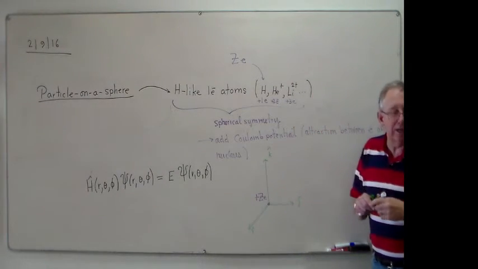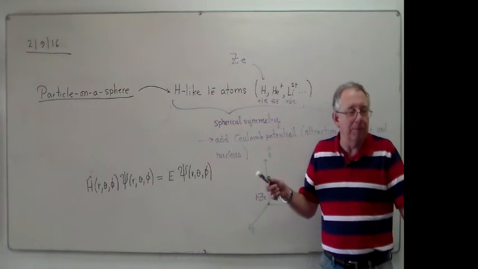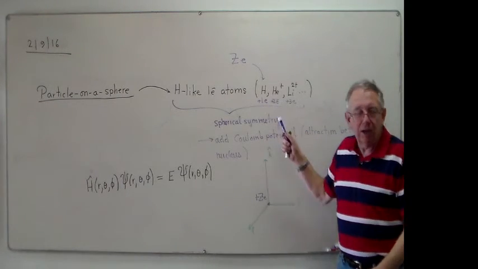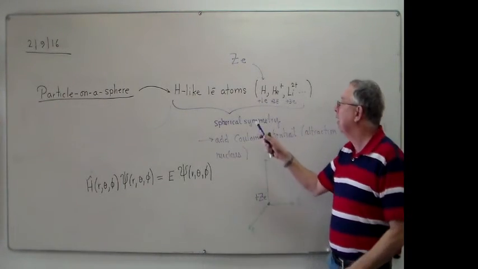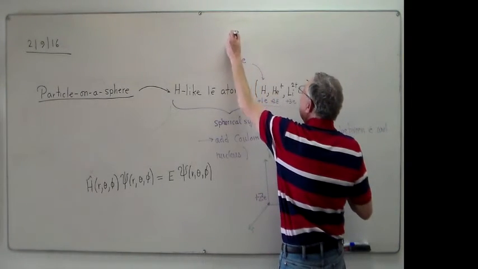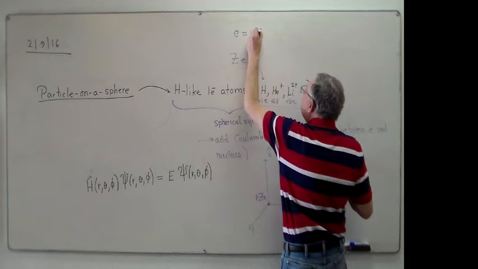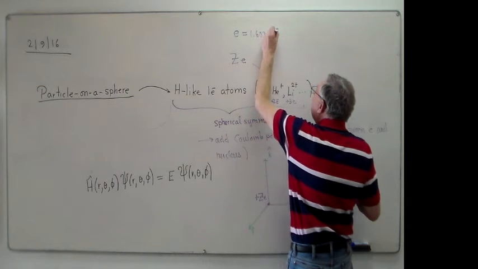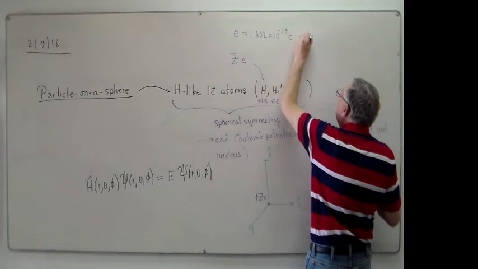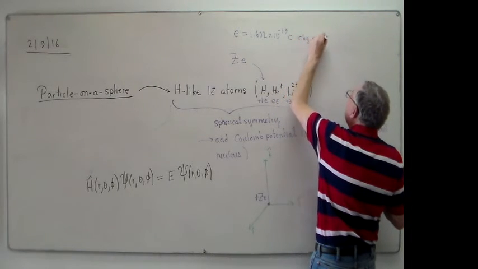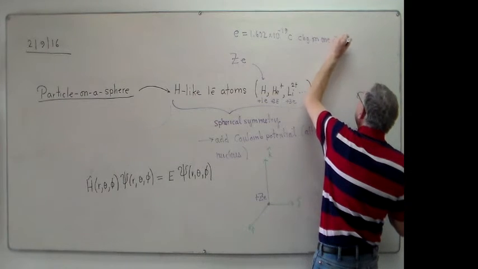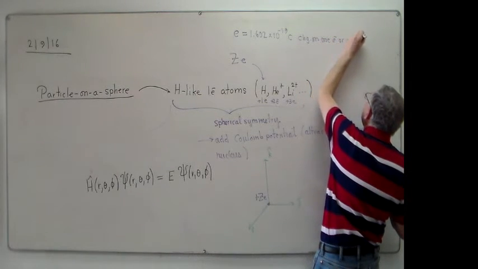In other words, what is this is the atomic number, right? Hydrogen has a proton, the charge is plus 1. In SI units, we multiply it by E, where E is 1.602 times 10 to the minus 19 coulombs. That's the charge on one electron or one proton.